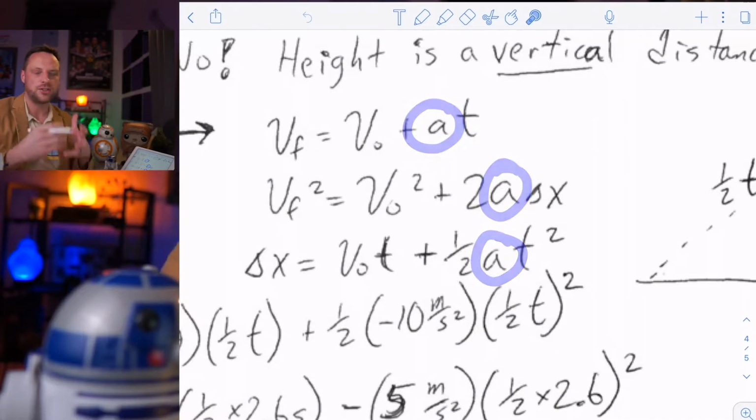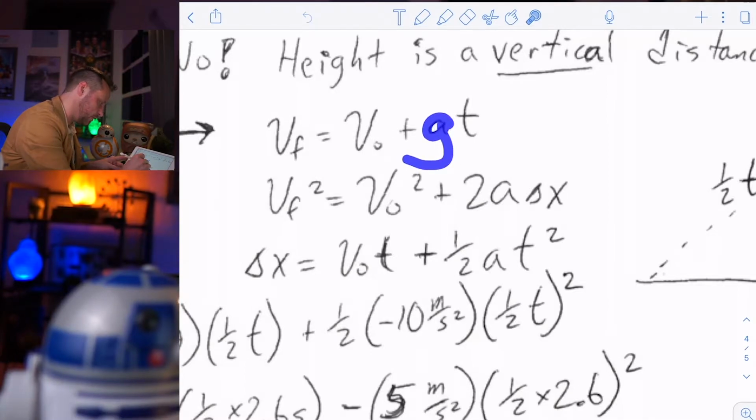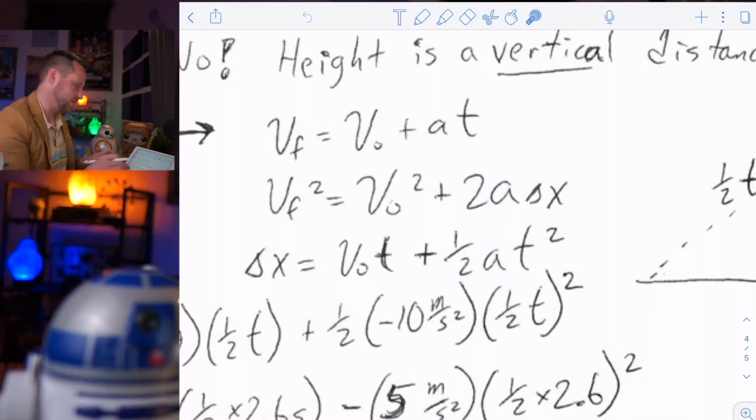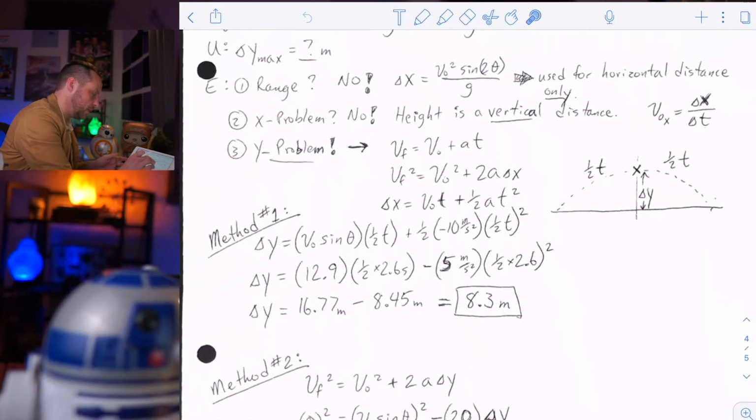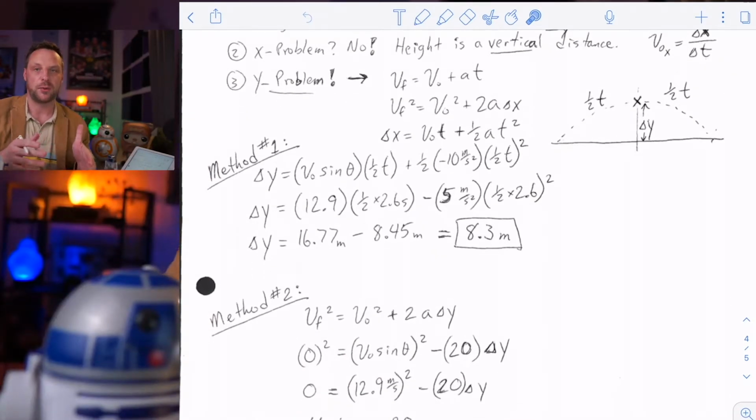I always know that because it's going to be the acceleration of gravity for a vertical situation. So we're going to be able to substitute in lowercase g for our planet, which is going to be 10 meters per second squared if you don't mind rounding, or 9.81 meters per second squared if you do mind rounding.